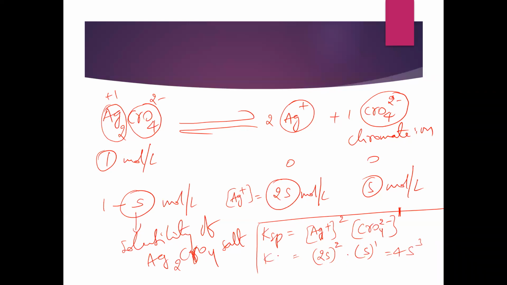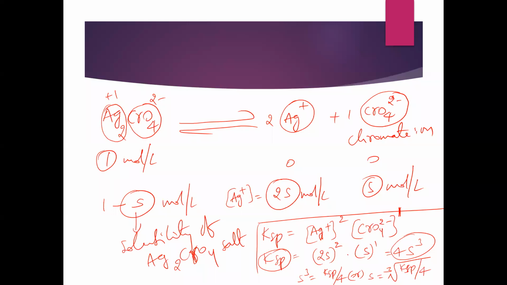So KSP is given by the formula 4S cube. And S cube is equal to KSP by 4. So the S value is the cube root of KSP divided by 4. What is KSP here?